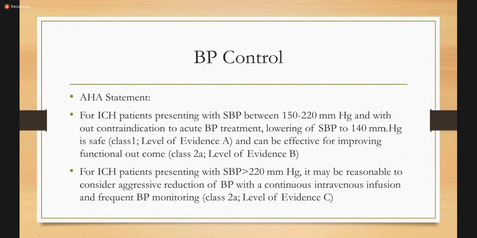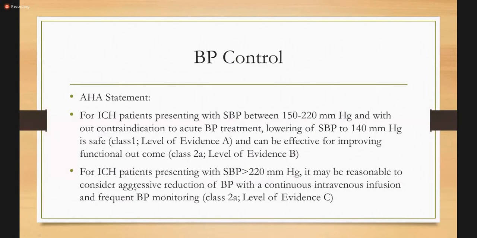Lowering the systolic blood pressure to 140 mmHg is a safe method. This is class 1 level of evidence, and it can be effective for improving functional outcome. So we have to decrease the blood pressure to 140.